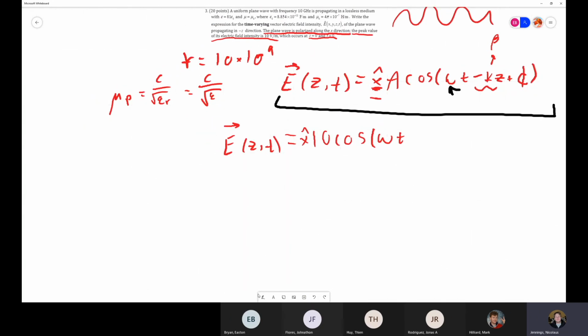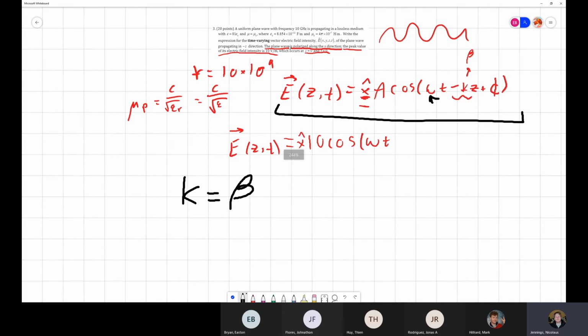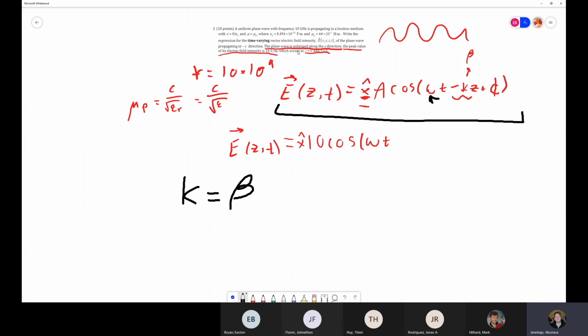To solve for k, all we have to do is recognize the following: k is equivalent to beta. We're not really given anything about it, I believe, correct?